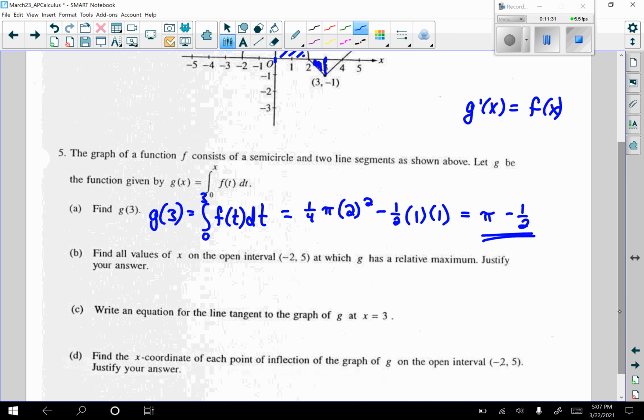For b, find all values of x on the open interval -2 to 5, at which g has a relative maximum. Justify your answer. So I always like to start off with the explanation, and that kind of leads us into justifying. So we know g has a relative max when g prime of x, there's that big connection, which is equal to f of x, changes from positive to negative.